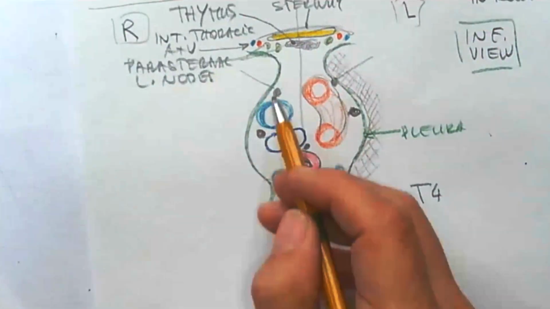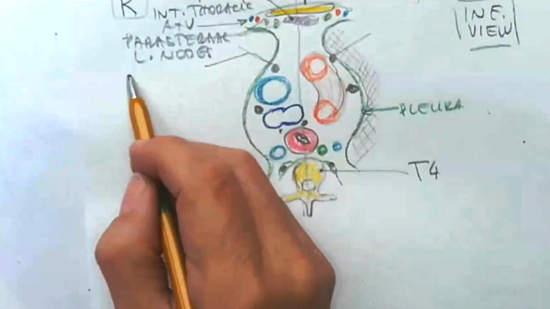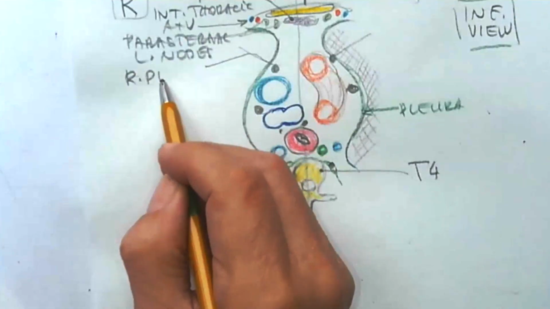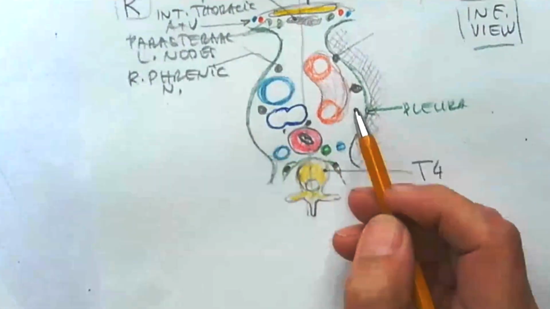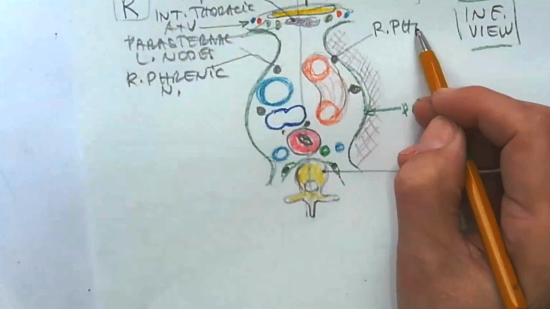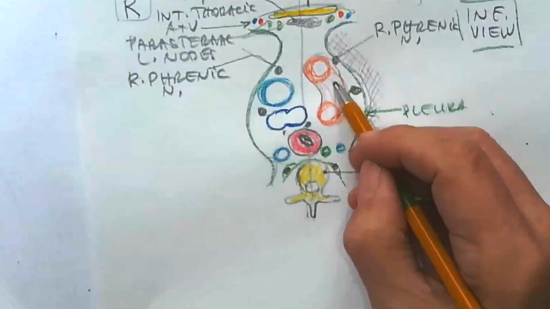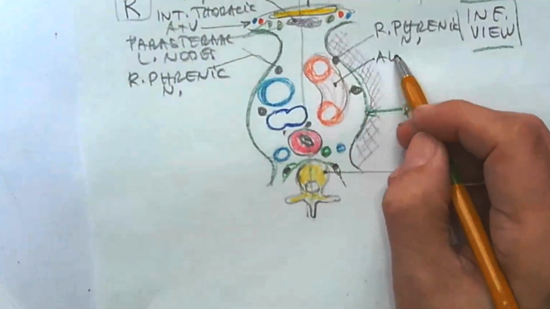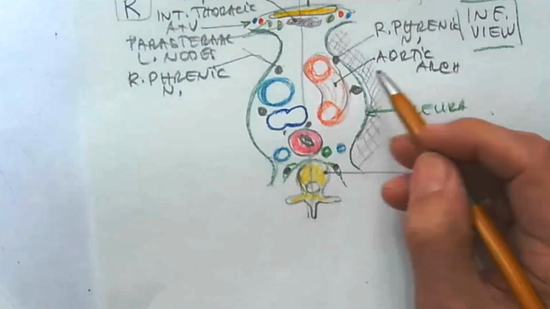Yes. Then that one is the right phrenic nerve descending to the diaphragm. That one is the right phrenic nerve. Yes. Then the aortic arch, arcus of aorta.